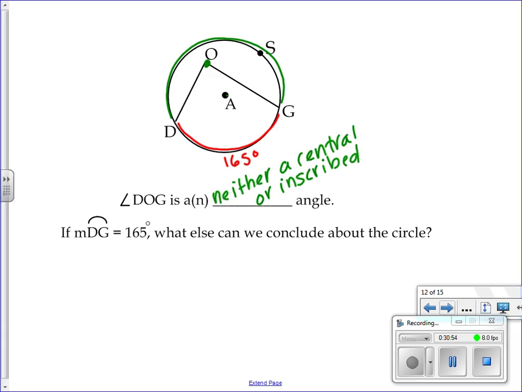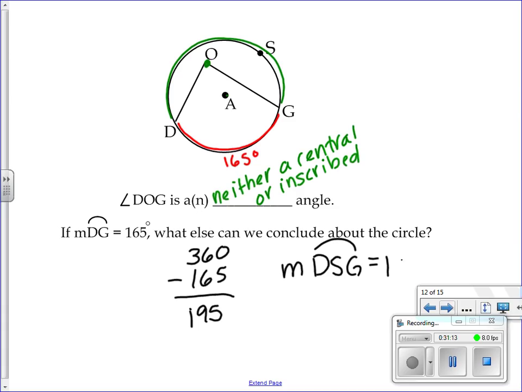So how much is a full circle? 360. So I know that we can subtract 165 from 360. We can at least get that remaining arc, 195. So we can say the measure of arc DSG equals 195.